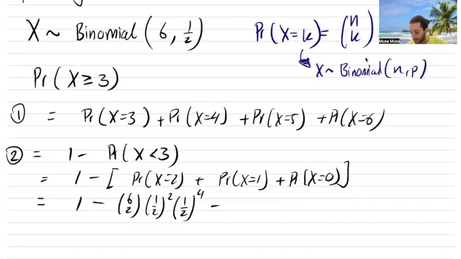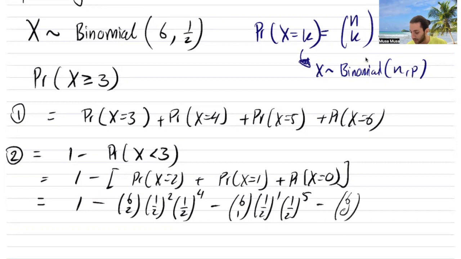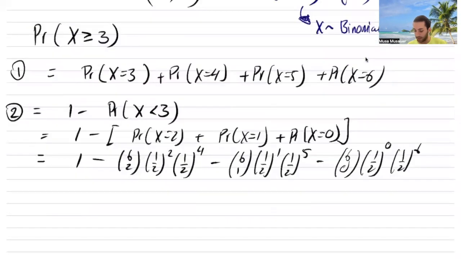And then this is 6 choose 1, a half to the power of 1, then a half to the power of 5, and then 6 choose 0, a half to the power of 0, then a half to the power of 6. Anyway, we can just simplify this. Because there's a half to the 6 in each of these, if you clean up the powers or use index laws, 1 on 2 to the 6.